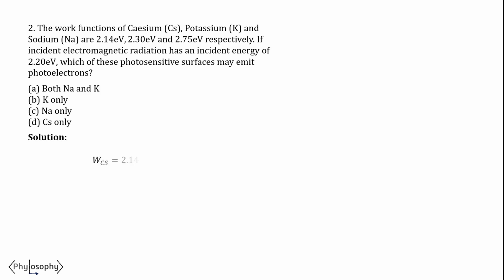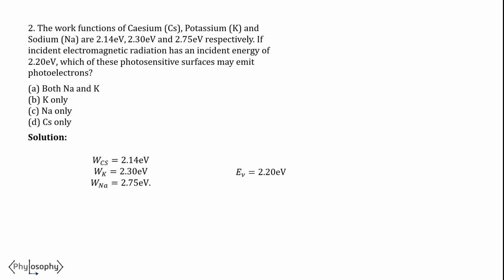So according to the question, the work functions of cesium, potassium and sodium are given, which are 2.14, 2.30 and 2.75. Now the energy of the incident radiation is given as 2.20 electron volt. Now according to the theory of photoelectric effect, electrons will be emitted from the photosensitive surface if its work function is less than the energy of incident radiation.